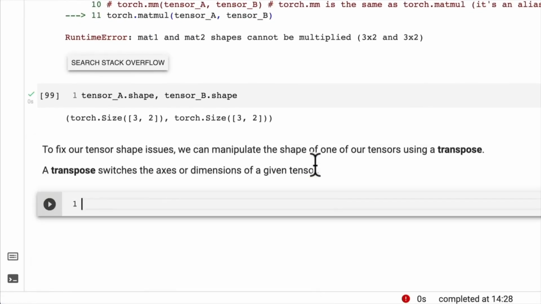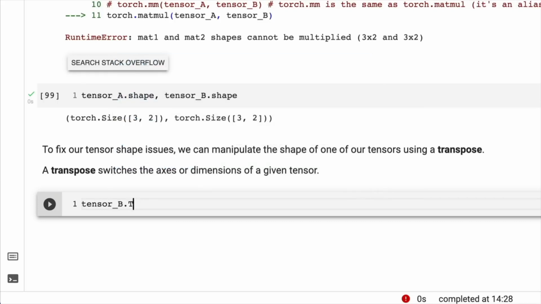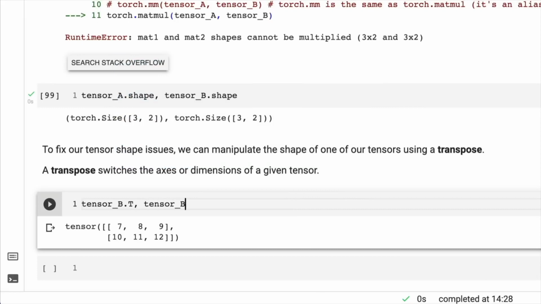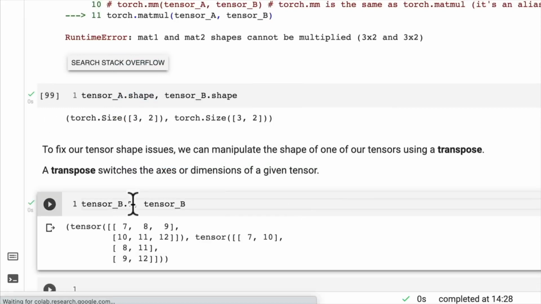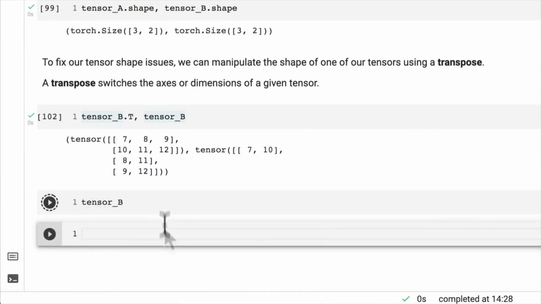The way to do it is you can go tensor b dot t. Let's see what happens. Let's look at the original tensor b as well. So dot t stands for transpose, and that's a little bit hard to read, so we might do these on different lines. Tensor b.